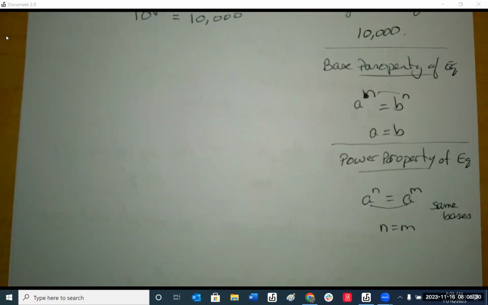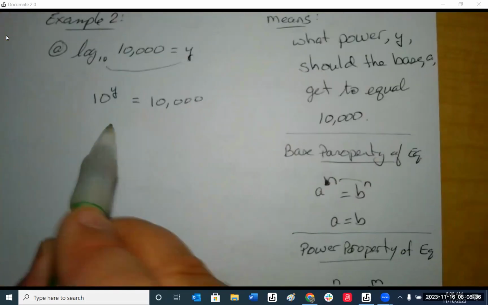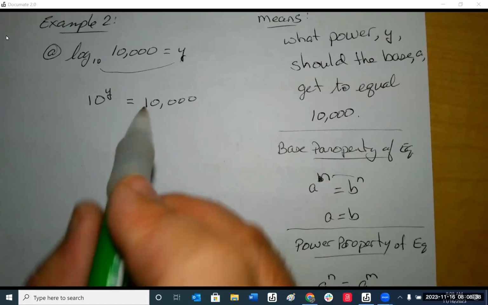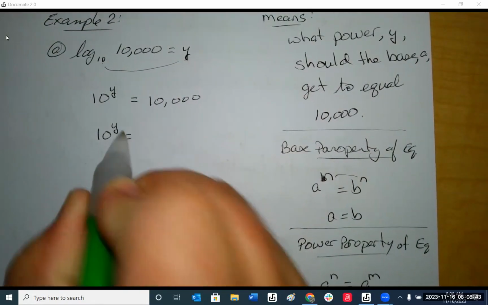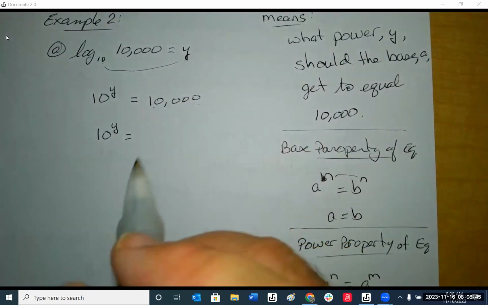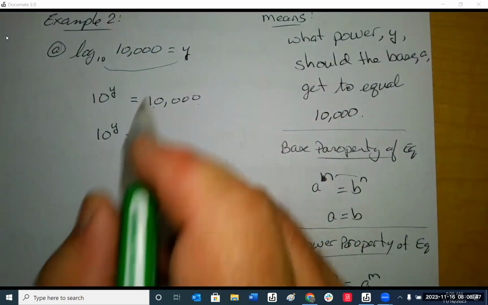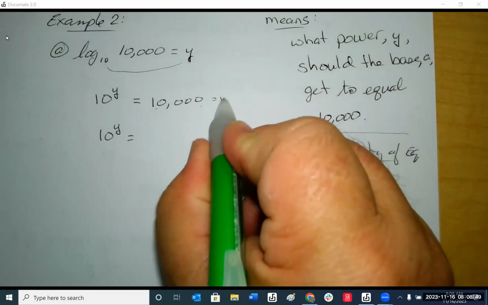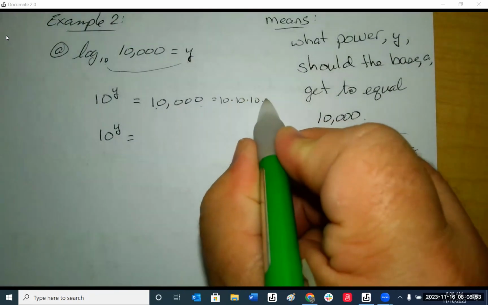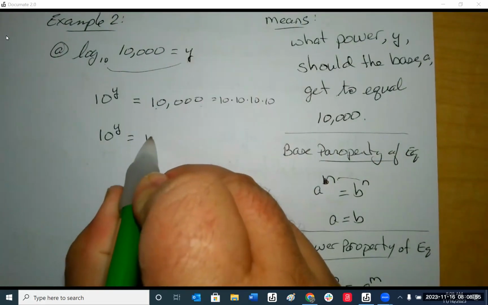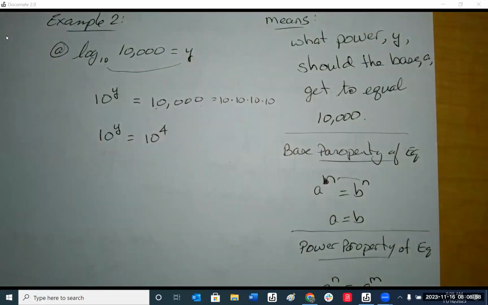So what does that mean to our example? Whenever you're faced with something like this, well, let's work it out. We have 10 to the y. What is 10,000 written as? It's actually 10 times 10 is 100, times 10 is 1,000, times 10 is 10,000. So it's 10 to the fourth.